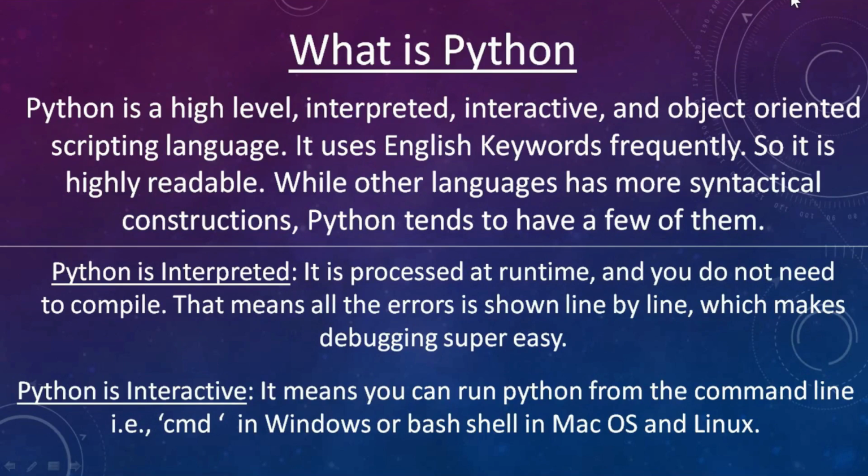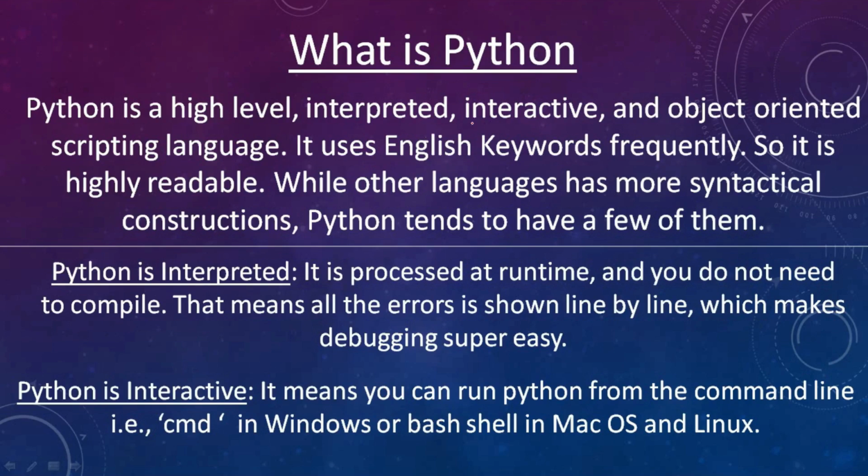Python is a high-level, interpreted, interactive, and object-oriented scripting language. Now we have talked about what is a high-level language. Interpreted. Now what is interpreted? A language which is translated to a machine-level language or a low-level language line by line. So if a high-level language is translated to a low-level language line by line, it is called an interpreted language.